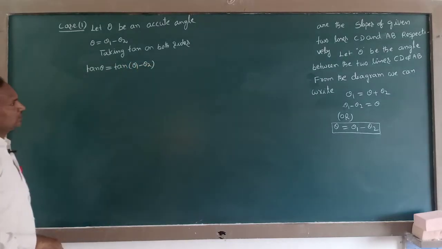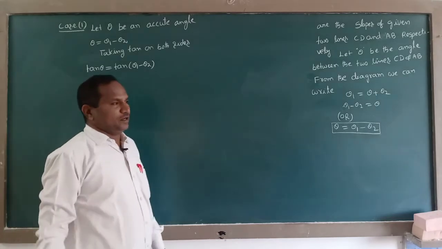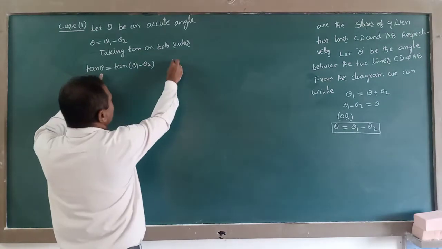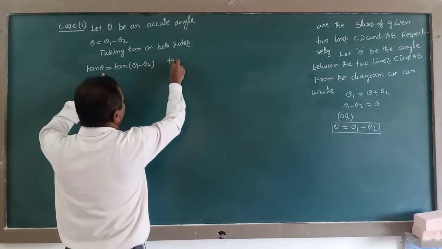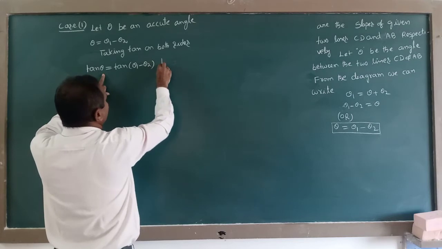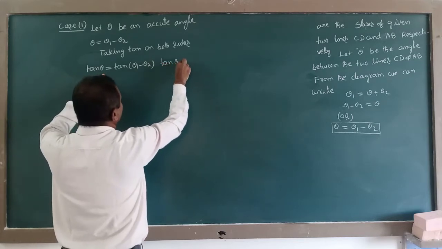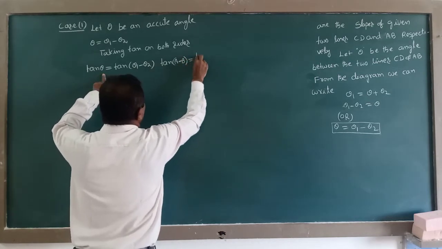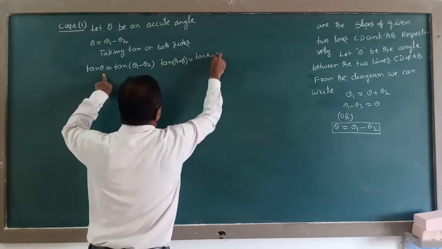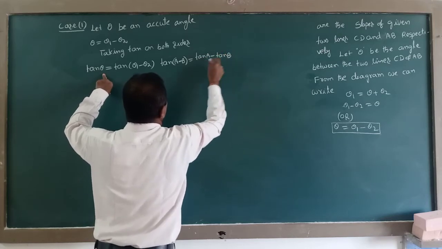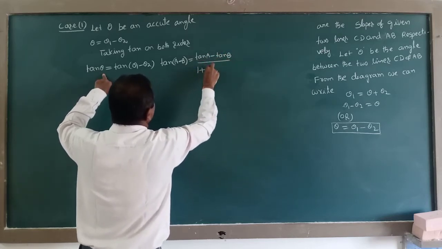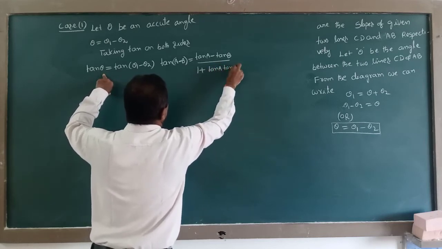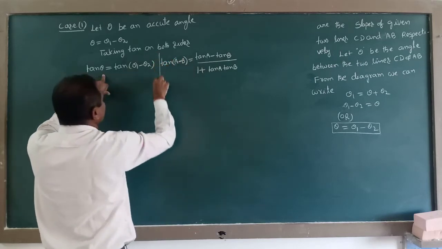Here we are applying the compound angle formula of trigonometric functions. That is, here I am going to write tan of A minus B is equal to tan A minus tan B whole divided by 1 plus tan A into tan B. This formula we have to apply.